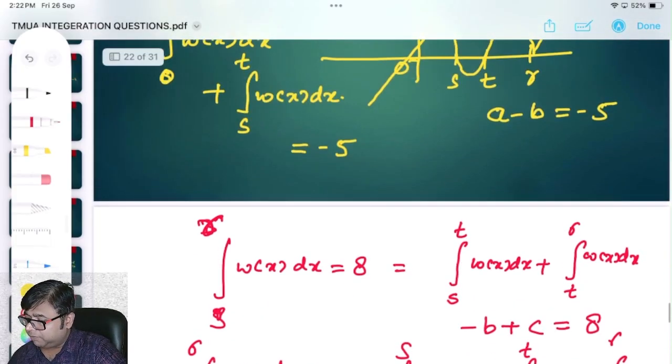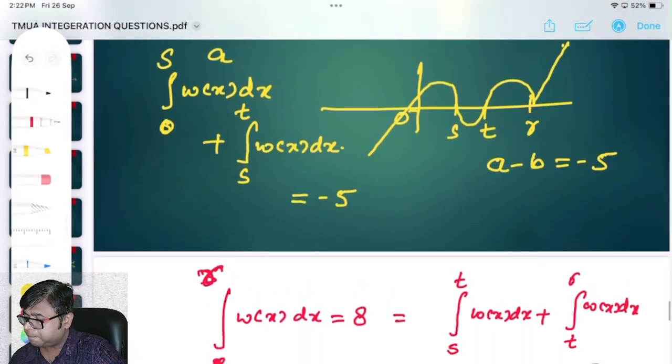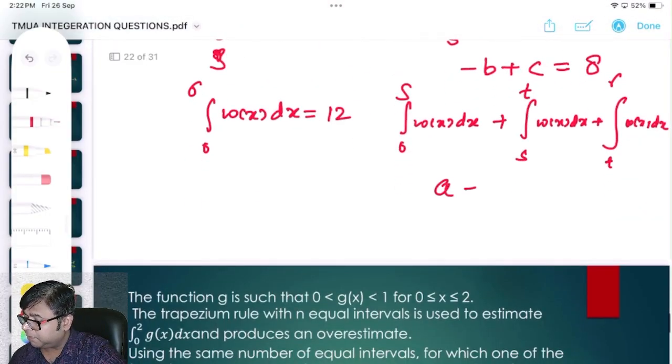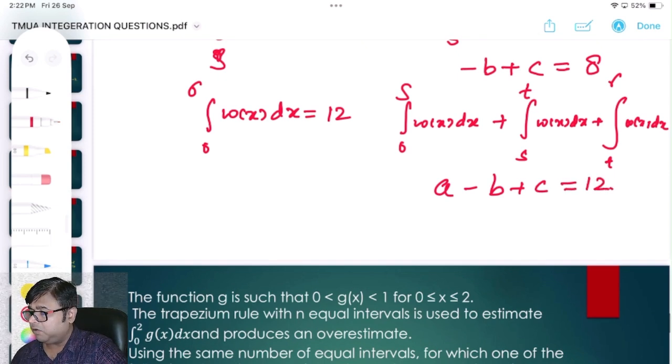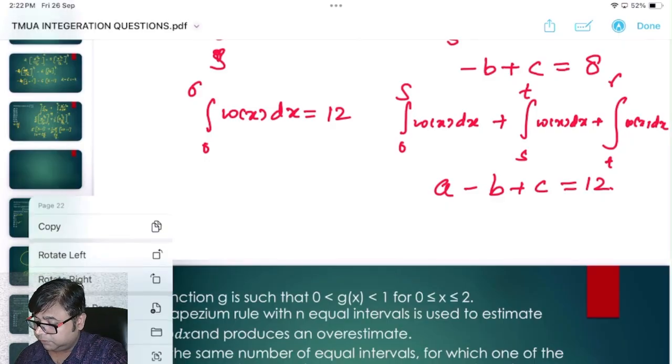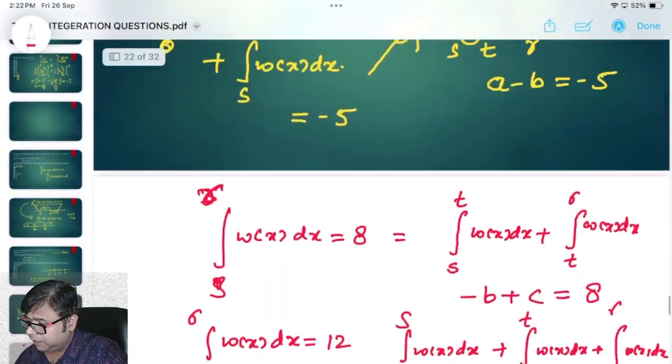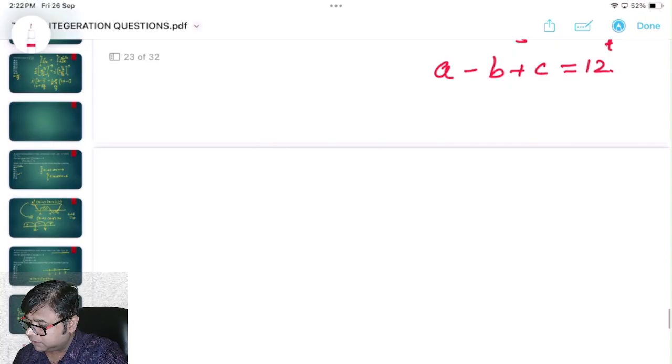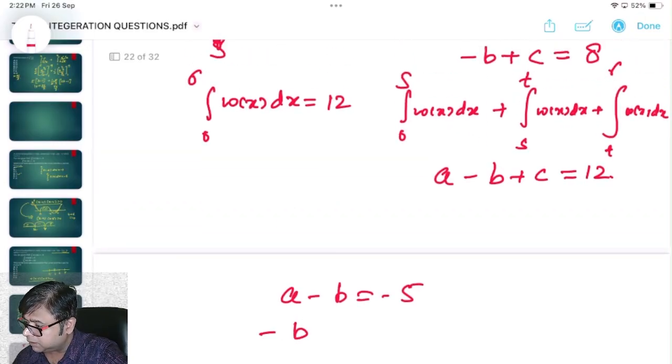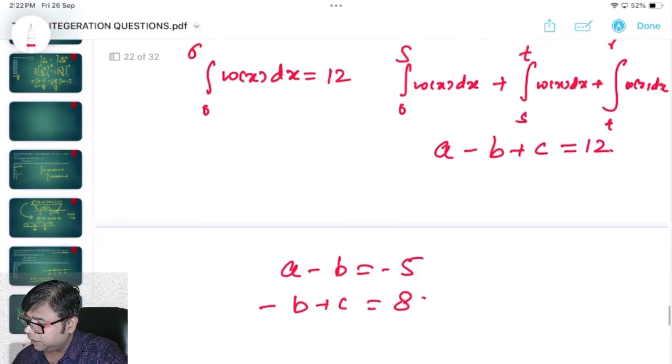Now 0 to S I have taken as A. This is A minus B plus C is 12. So I have got three equations, and I will be solving them simultaneously. The first is A minus B is minus 5. The second is minus B plus C is 8. And the third is A minus B plus C is 12.